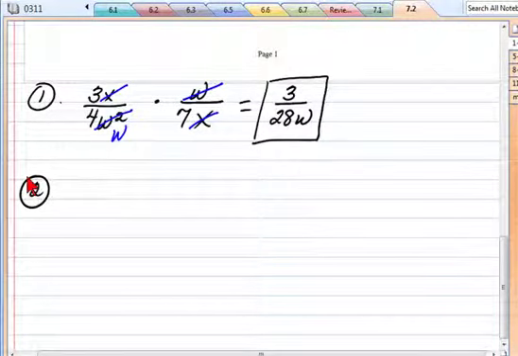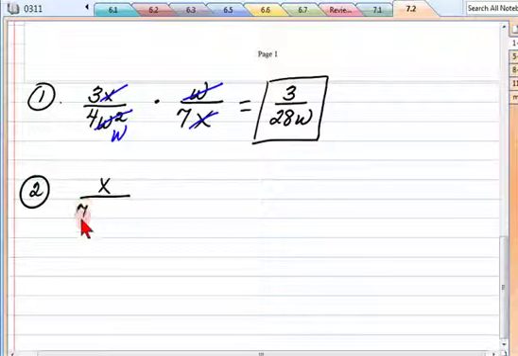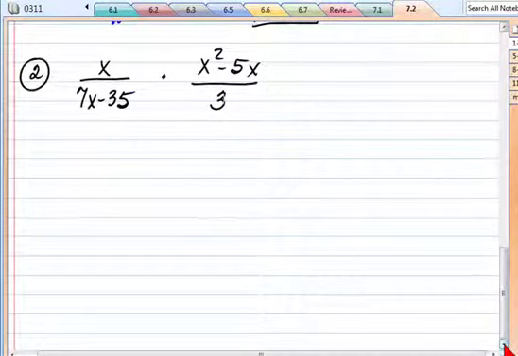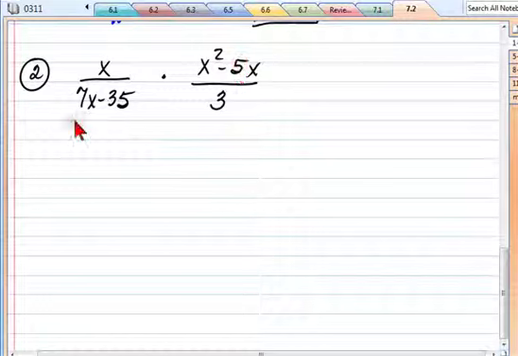Problem number 2. I have x over 7x minus 35 times x squared minus 5x over 3. All right, when I see some pluses and minuses in here, it tells me I better look at these and see if they can be factored.